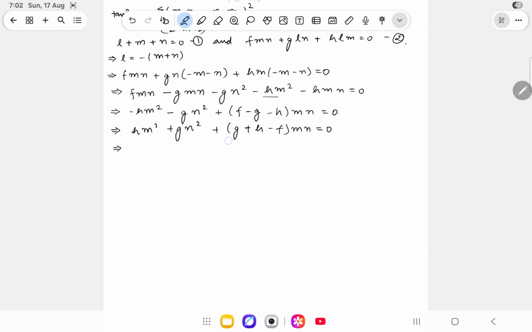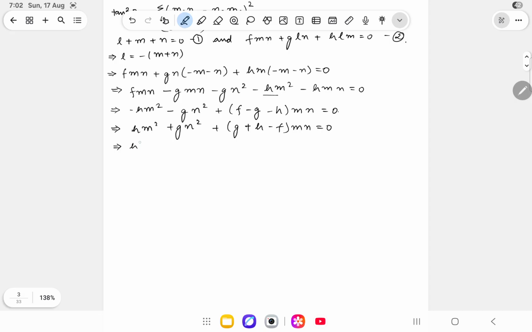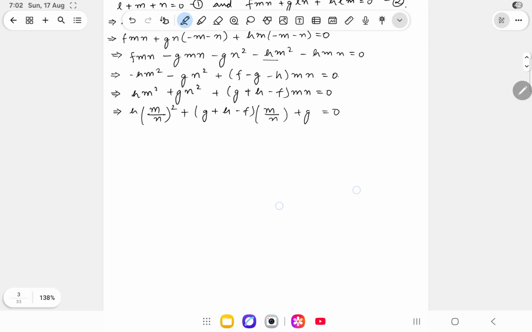To reduce it to a quadratic equation, divide the whole equation by n square: h times m by n square plus g plus h minus f times m by n plus g equals 0. So this is a quadratic equation.